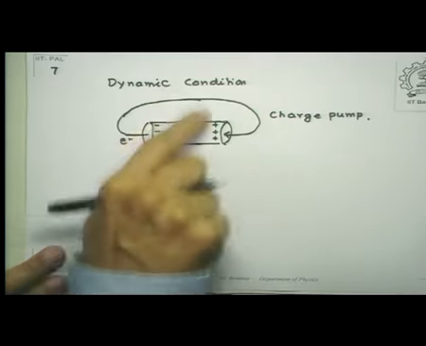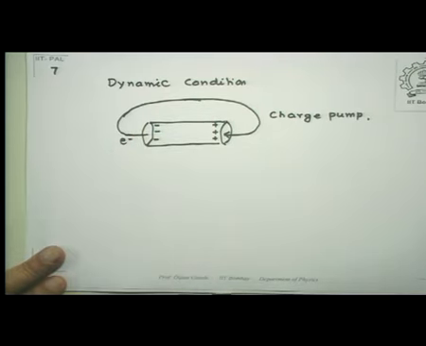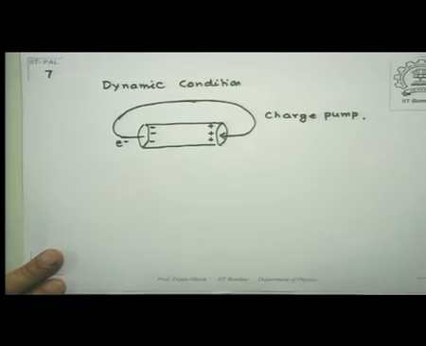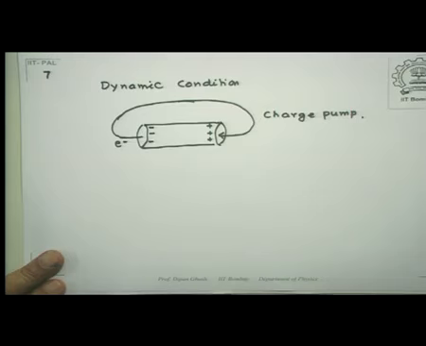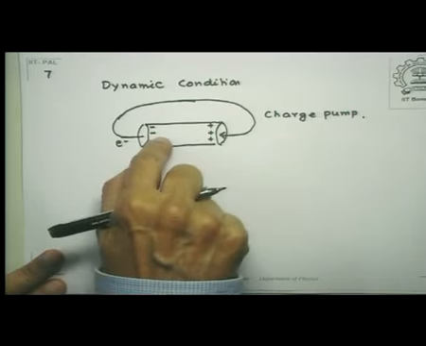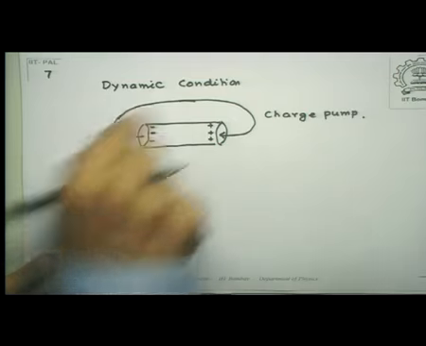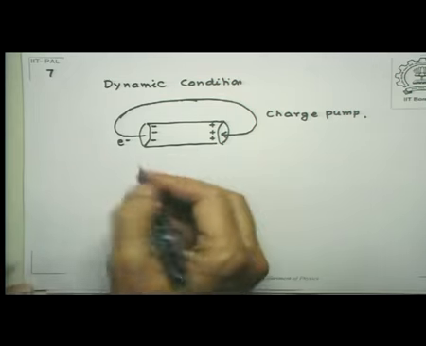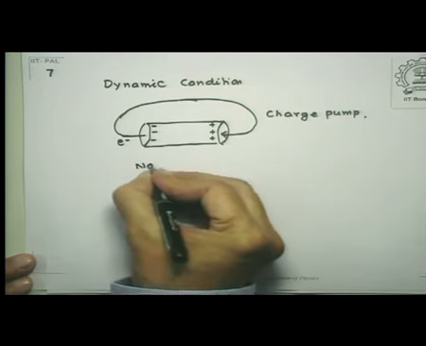How we do it, I have not given in this picture, but you might have realized that what we do is to join it by a battery and things like that. But this charge pump removes the electrons almost as soon as they arrive here and then feeds it there. So this has the effect that no internal electric field will be created.